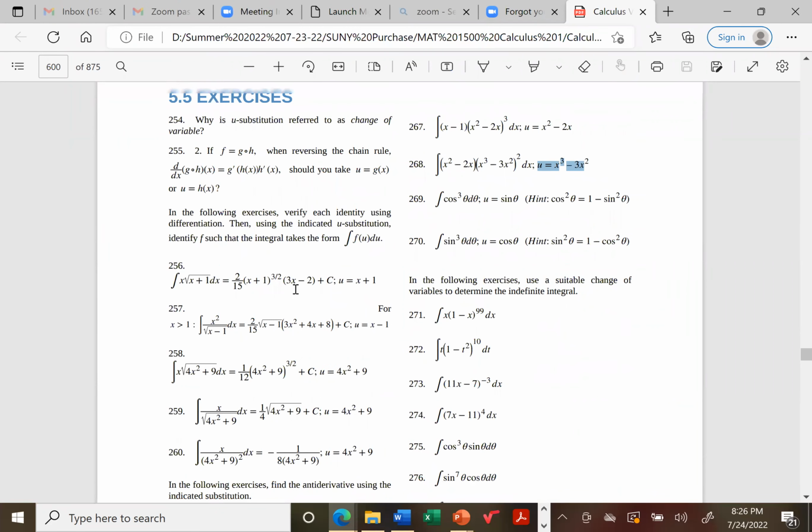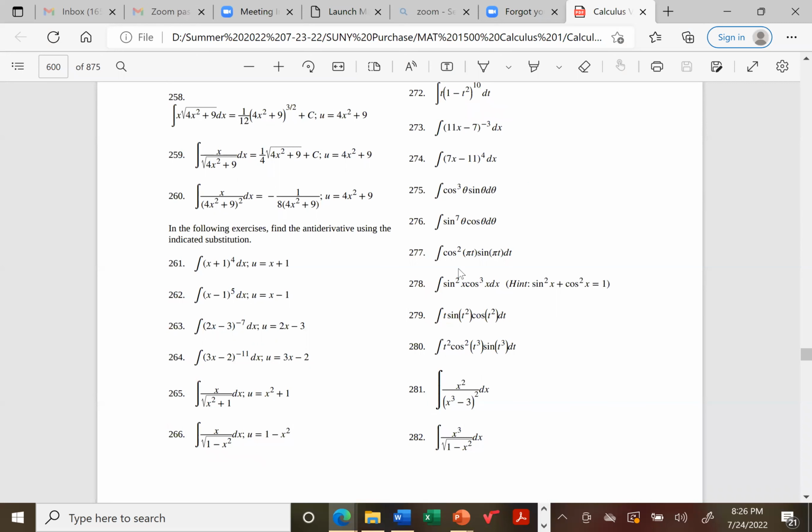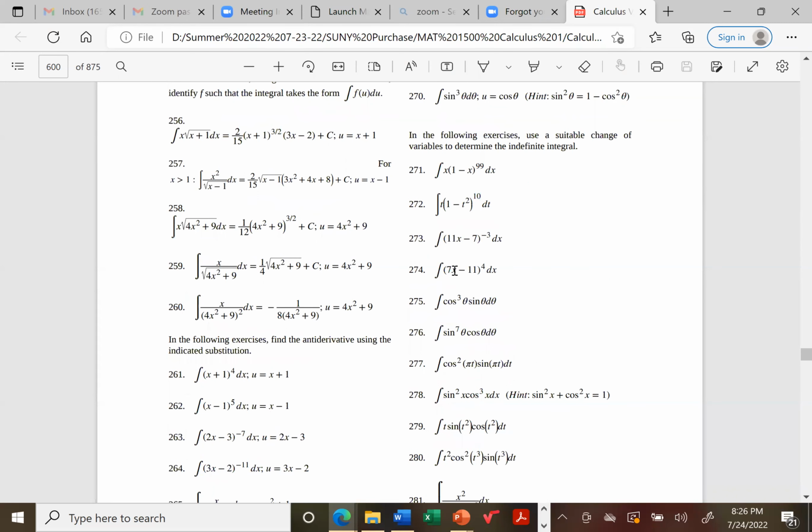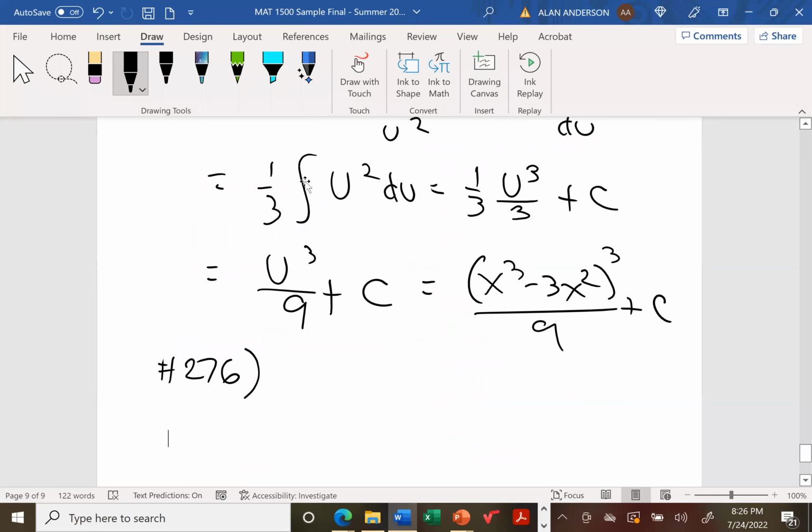They don't help us. We have to figure it out ourselves, but they do tell us, I believe. It says a suitable change of variables. That usually means u substitution. So here's all we have to do. We've got sine to the 7th power of theta, cosine theta, d theta.